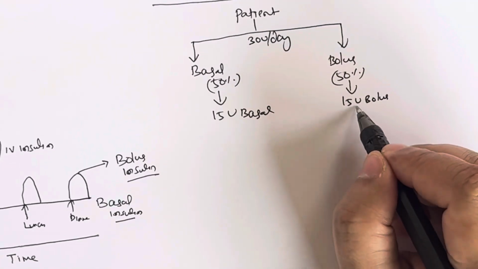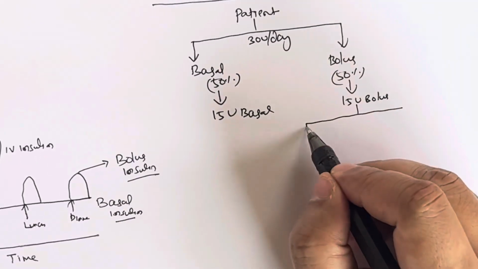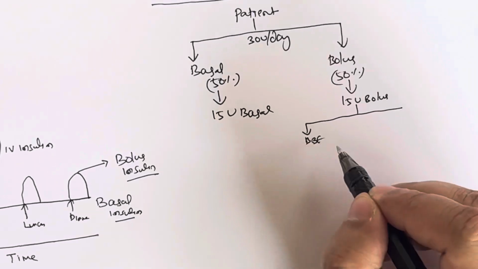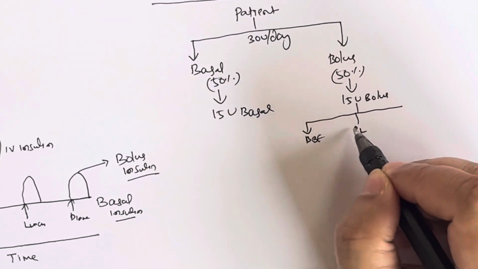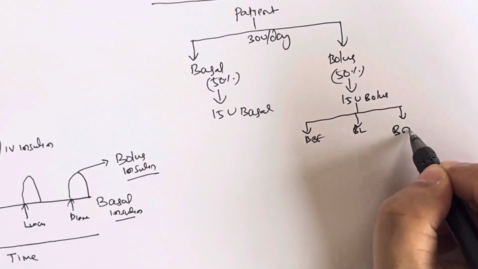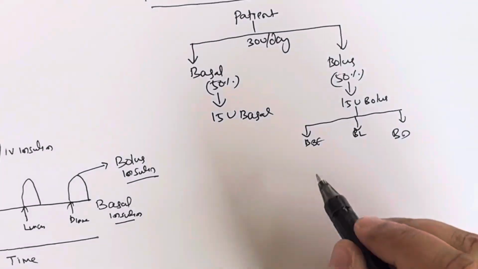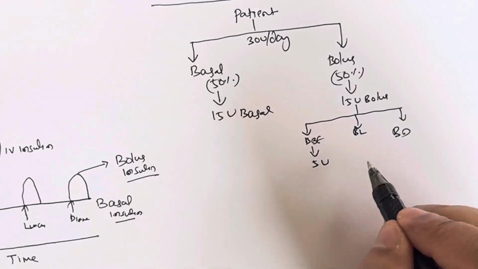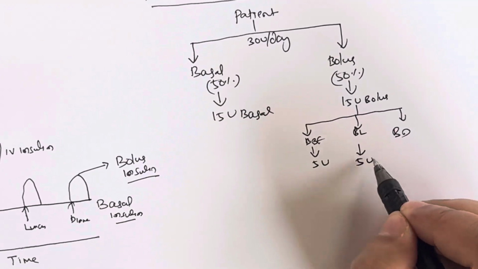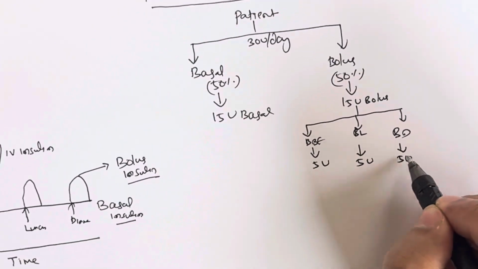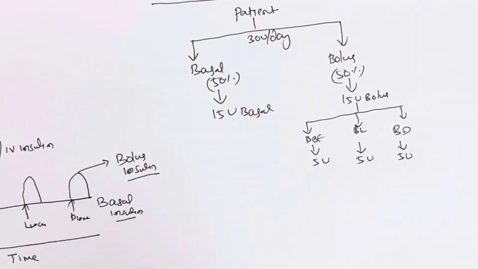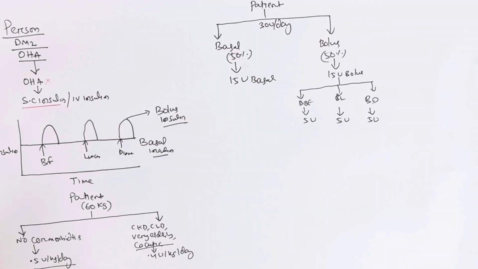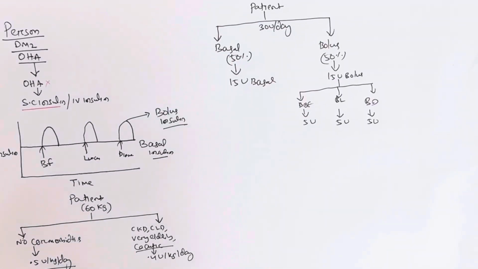This 15 units we have to divide into three parts: before breakfast, before lunch, and before dinner. So 5 units bolus here, 5 units bolus here, and 5 units bolus here. Now this is done. So is this basal bolus regimen enough?